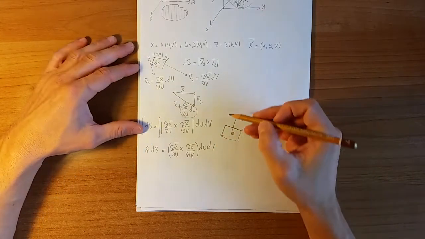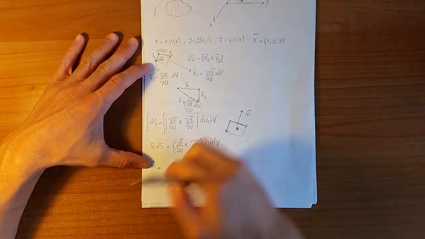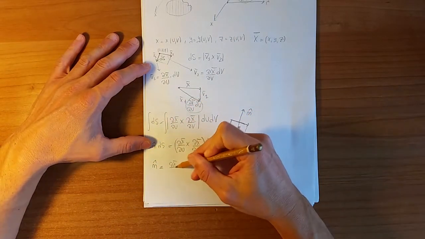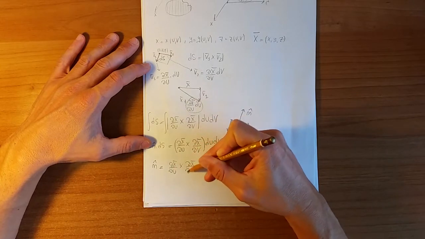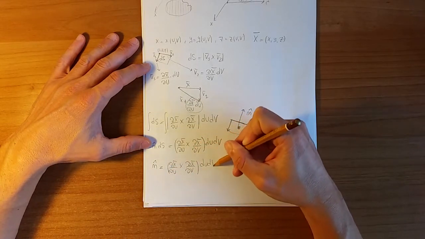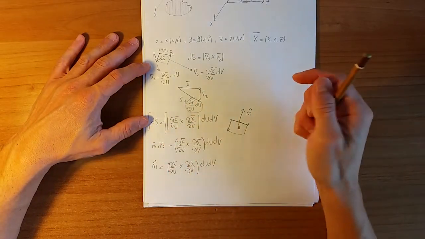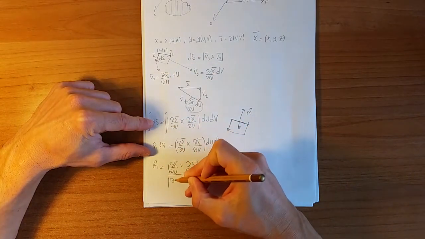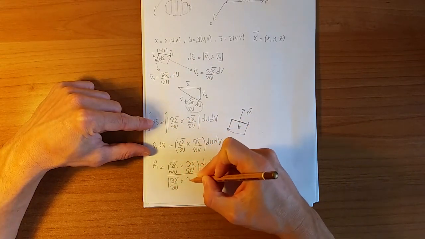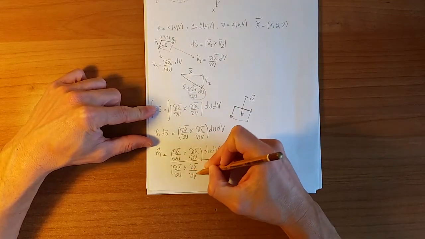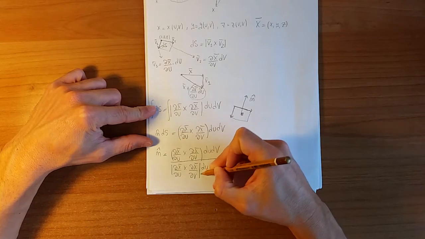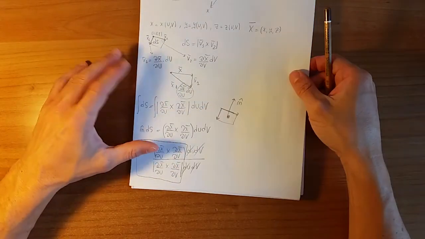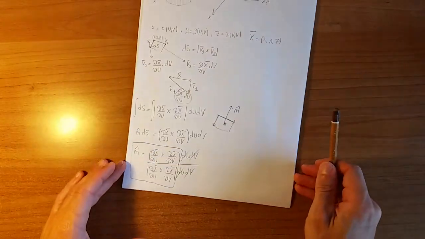So in general, if we want to calculate the unit normal to a surface, we can just consider this thing here divided by dS: dx over du cross dx over dv times du dv divided by dS. But we know what dS is, right? dS is just this expression, so we can just divide by the magnitude of dx over du cross dx over dv times du dv. So these two cancel. And this is the expression for the normal to a surface which we will use. We will elaborate on this a little bit further, but for this lecture, this is it.